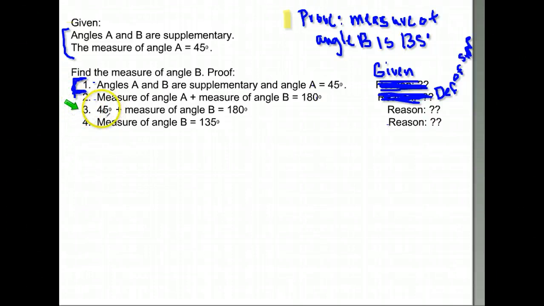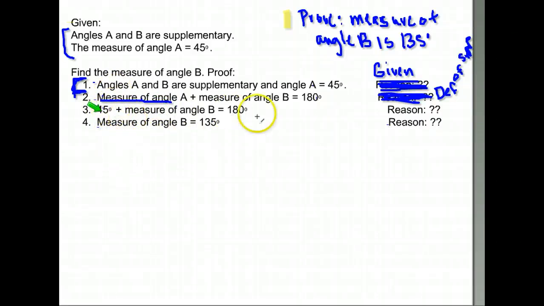Step 3, now they say, well, 45 plus the measure of angle B is 180. How did we get from step 2 to step 3? What changed and why did it change? So here we had the measure of angle A plus the measure of angle B is 180, and here we now have 45 instead of the measure of angle A. Okay, we replaced angle A with 45.